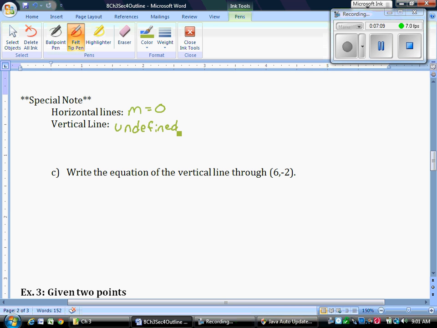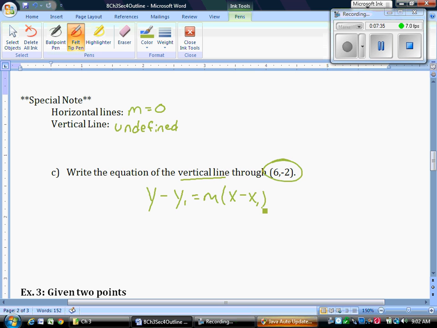But what that means is, when I have this next example, write the equation of the vertical line through 6, -2. We just did the horizontal line through 6, -2. Now we need to do the vertical line through 6, -2. Anytime you see vertical line, we cannot use slope-intercept form or point-slope form.